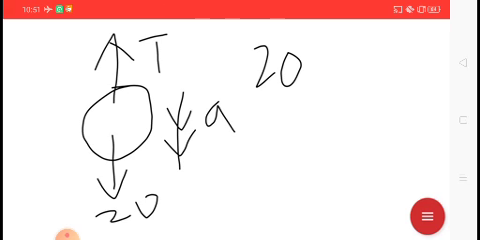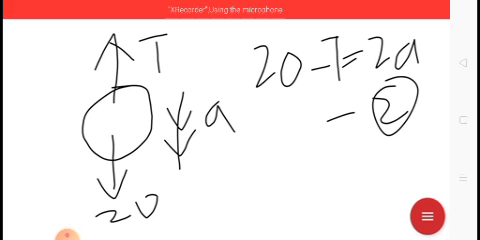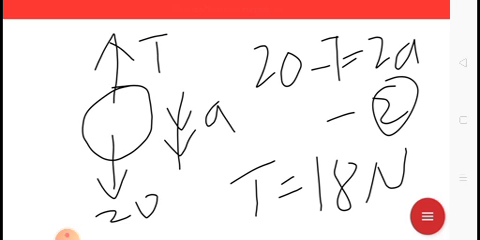So 20 minus T is equal to 2A. So you have the second equation. By using the simultaneous solving method, you should be able to find T, the tension, which in the end is 18 Newton by solving these two equations. So you should get 18 Newton, right?